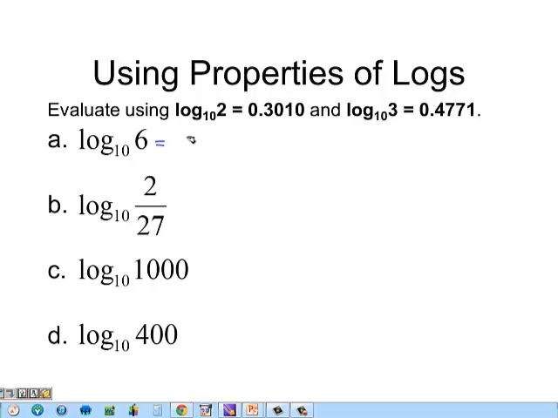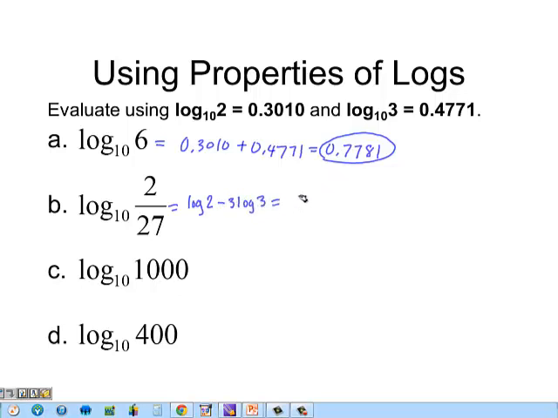So it'll be 0.3010 plus 0.4771, which will give me 0.7781. This was, remember, we had log, I'll rewrite it for you, log base 10 of 2 minus 3 times the log base 10 of 3.